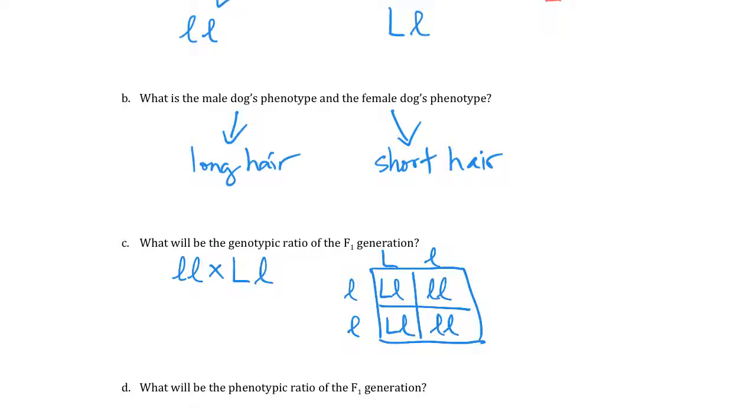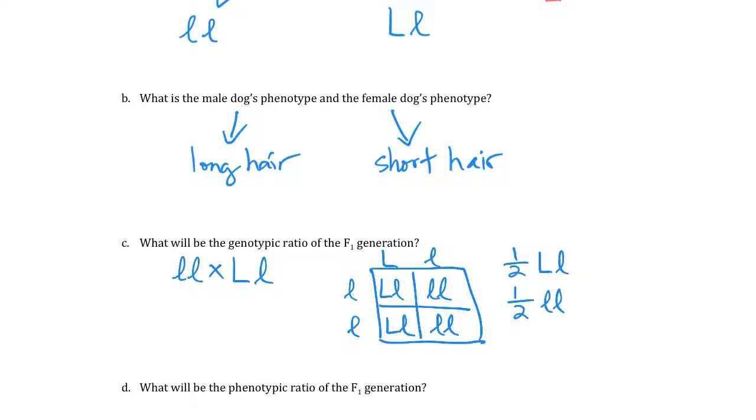So let's see, percentage-wise, we have 50% or 1/2 is big L small l. This is the genotypic ratio. 50% or 1/2 is small l small l.